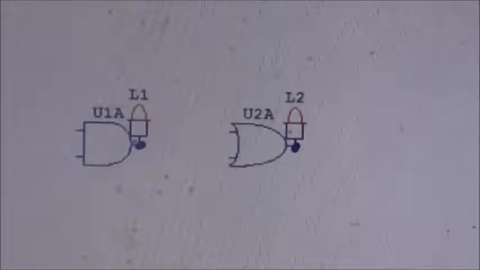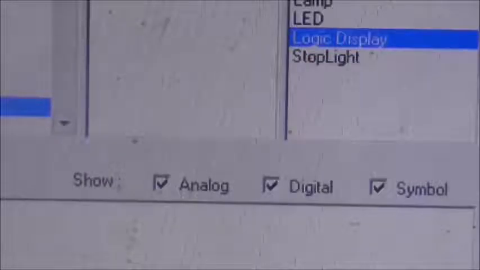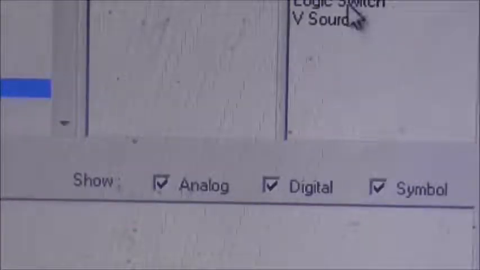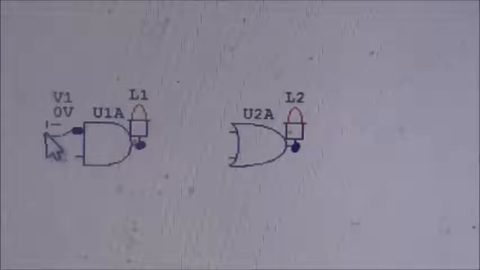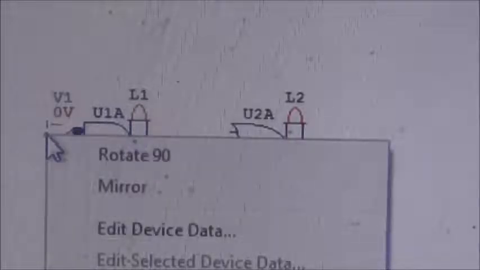We also need to provide some sort of pulse at the inputs. The way we can do that in a digital simulation is to go to digital on the major device class, power on the minor device class, and choose a thing called a logic switch. If we put the logic switch there, then I'm going to hide all the device data.